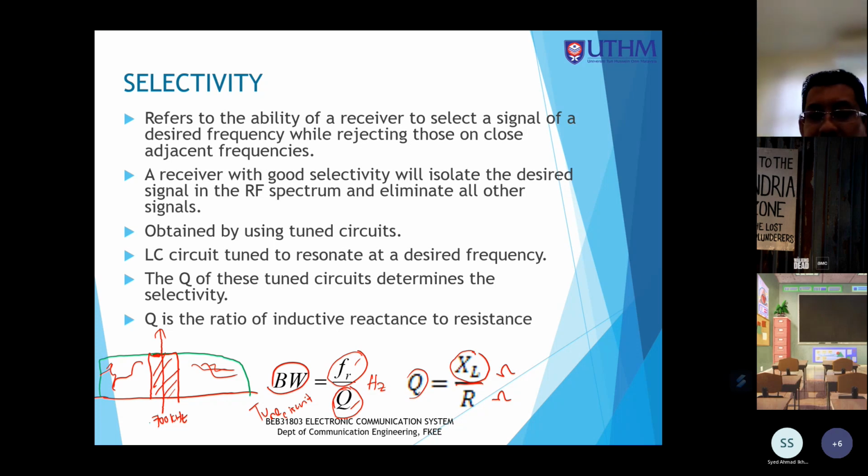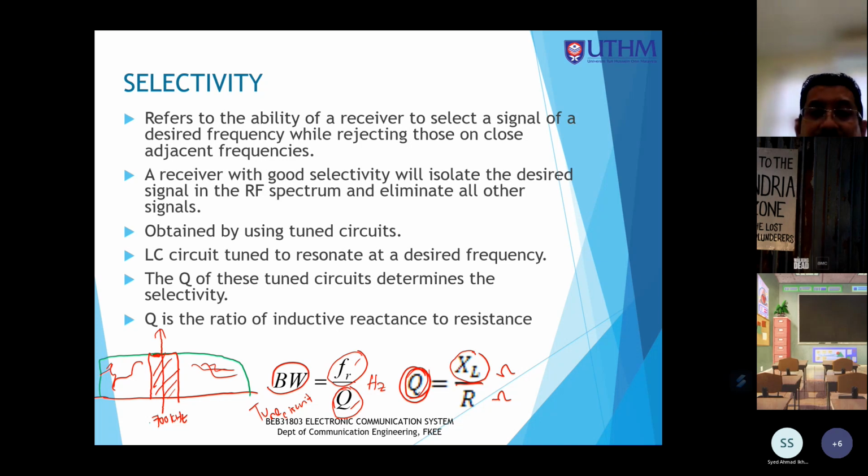Okay. So biasanya bila ditanya tentang selectivity parameter, dia bertanya tentang Q factor. How much is the Q factor for the tune circuit? Okay, biasanya apabila pertanyaan berkenaan dengan selectivity, normally we will refer to the Q factor.